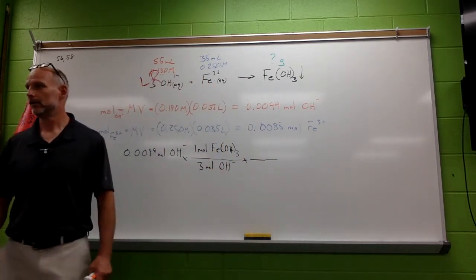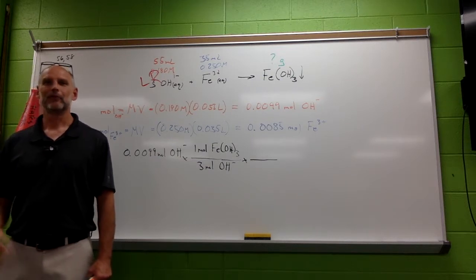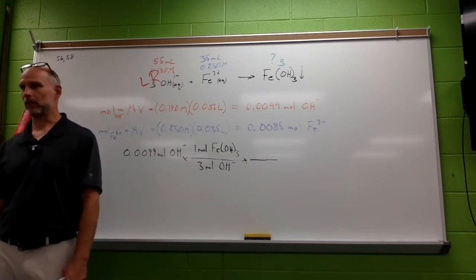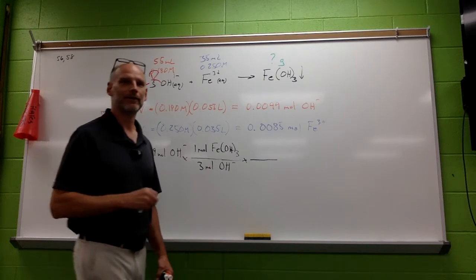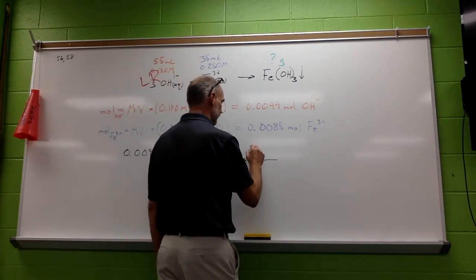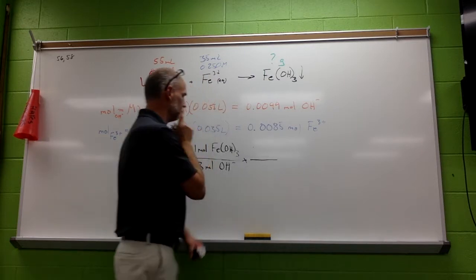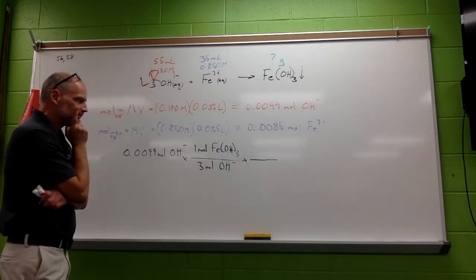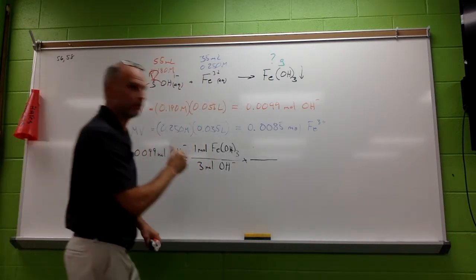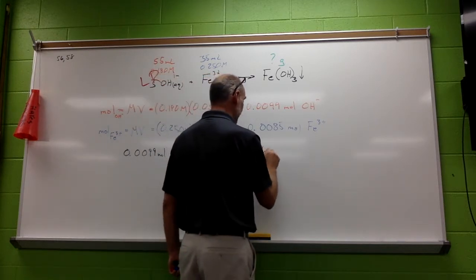Now what do I do? For the first time, we're going to grams. Would that be correct? Do you have it? What do you got? Okay. I was just checking. 8.8, you say?